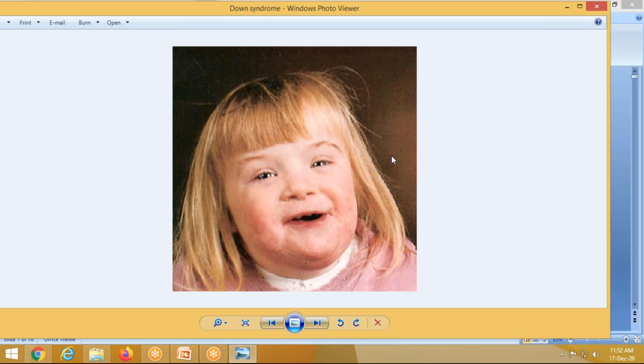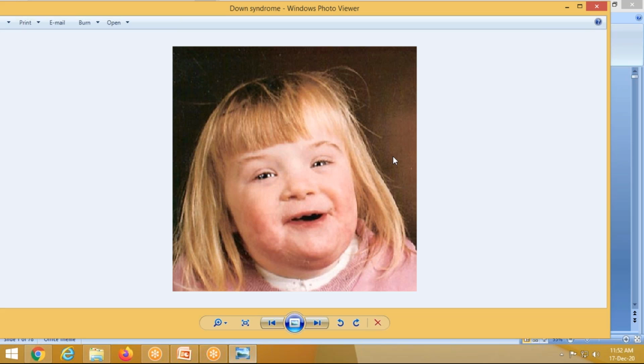At least 4 or 5 you must be able to say, like brachycephaly, flat head, hypertelorism, mongoloid slant, and protruding tongue. Happy demeanor, they are always pleasant children. And hypotonia, small babies, they will say only hypotonia may be there. And if you look at the hands, simian crease may be there, and in the feet you see sandal gap.